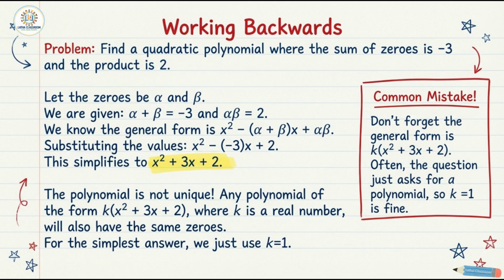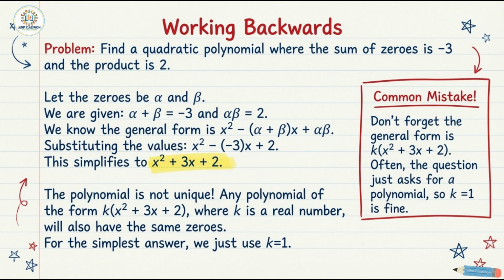Let the zeros be alpha and beta. We are given alpha plus beta equals minus 3 and alpha beta equals 2. We know the general form is x square minus alpha plus beta into x plus alpha beta. Substituting the values: x square minus minus 3 into x plus 2. This simplifies to x square plus 3x plus 2.